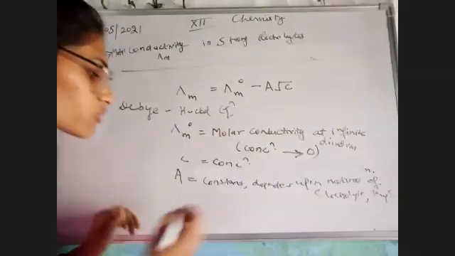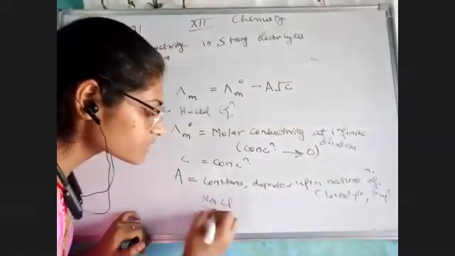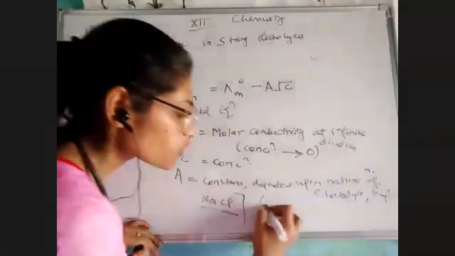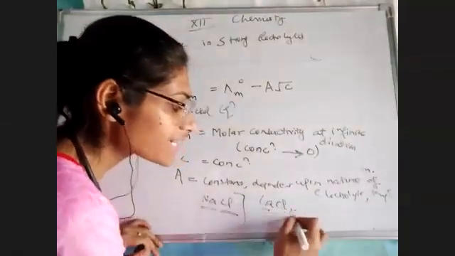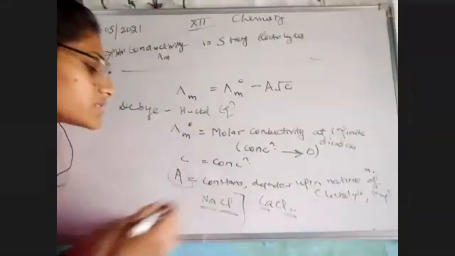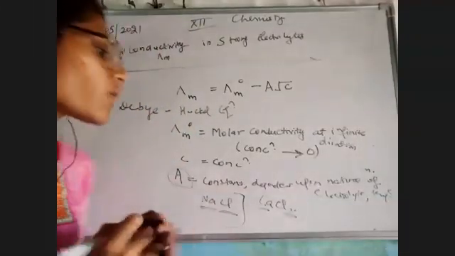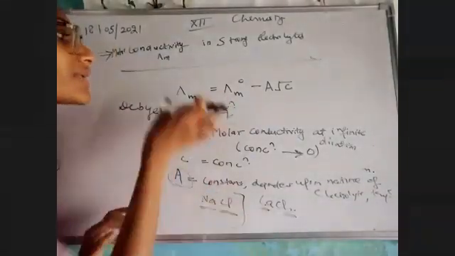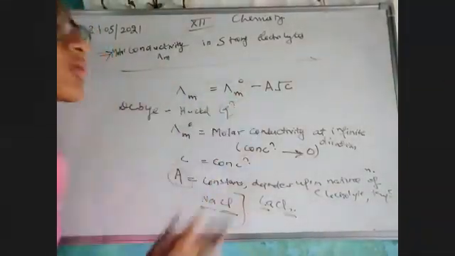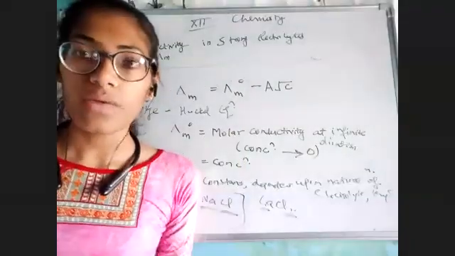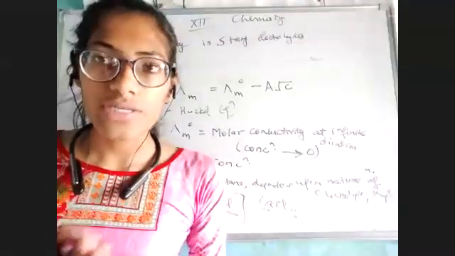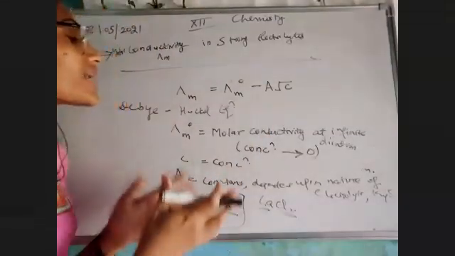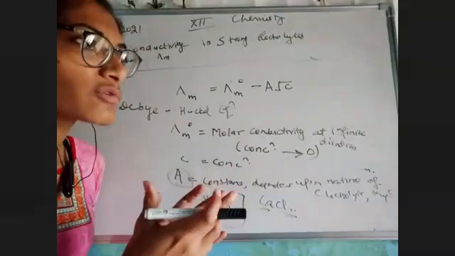For example, NaCl gives 2 different ions, so there would be some different A. Calcium chloride has 3 different ions, so A would be changed. But the best point is we do not need to calculate A anywhere. We just have to remember this equation that lambda m is equal to lambda m naught minus A under root C.